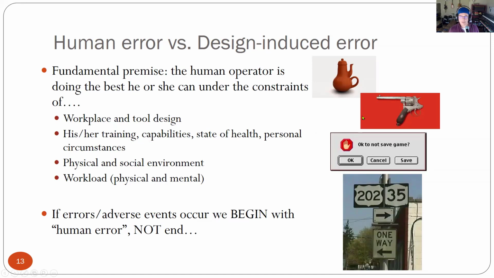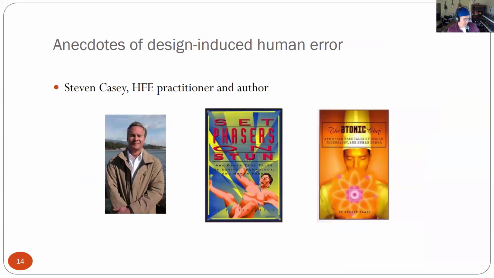Okay, so on that, I always try to pick one of these stories for the class. Stephen Casey here is a human factors and ergonomics practitioner, and he's also an author, and he's written these two books. I met him. He said he was going to write five books, so I'm still waiting for more of them, because these have been out a couple of decades now.